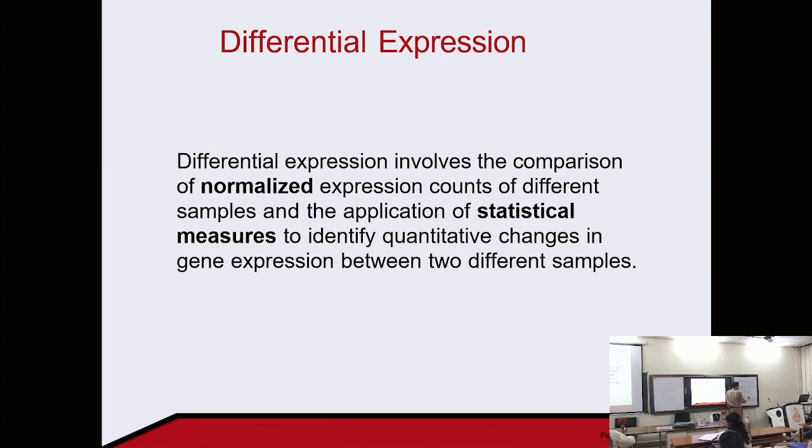So what is the fold change? 10. Okay, so you will say that this gene is upregulated tenfold. Or the number of transcripts from this gene is tenfold more for disease compared to control, compared to healthy. Okay, you can say that, or sometimes people just say tenfold more upregulated.